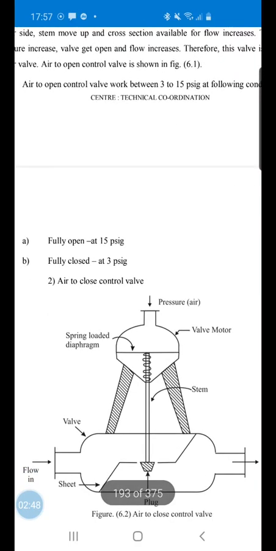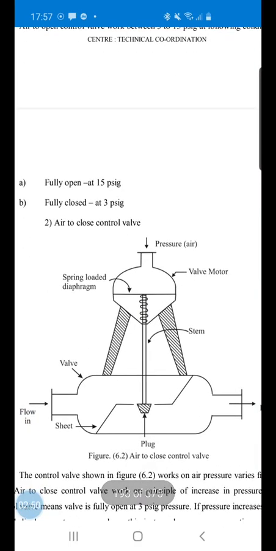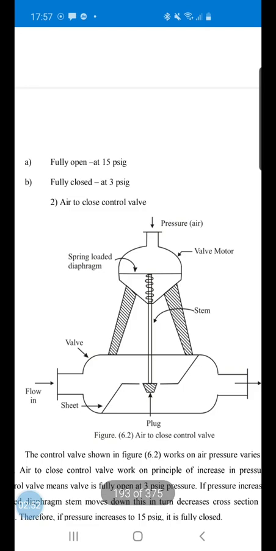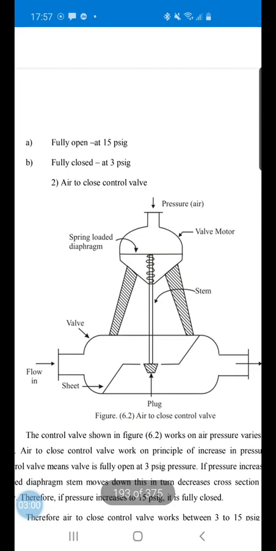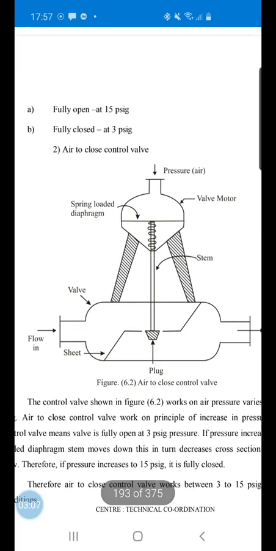Another type of valve is the air to close control valve. It works in the opposite manner, where the inlet pressure is applied from the top on the spring loaded diaphragm. It also works between the pressure of 3 to 15 psi. When pressure is applied from the top, this pressure lowers the spring loaded diaphragm, spring, stem and plug.